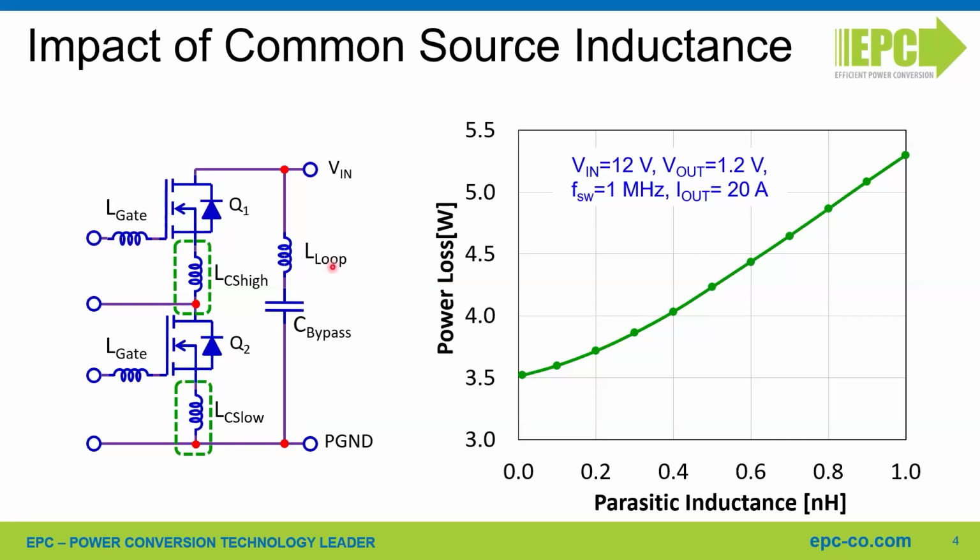This can be seen in the power loss, which increases quickly with the increase of the common source inductance. Even 100 or 200 picohenry already give worse performance, worse efficiency for the converter.